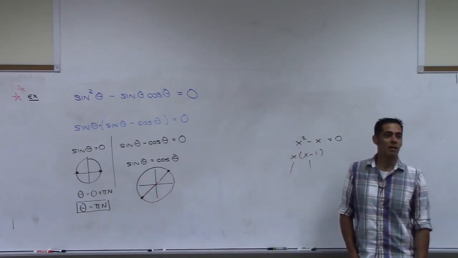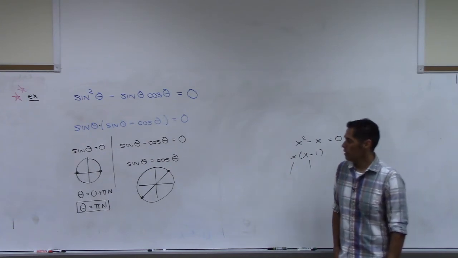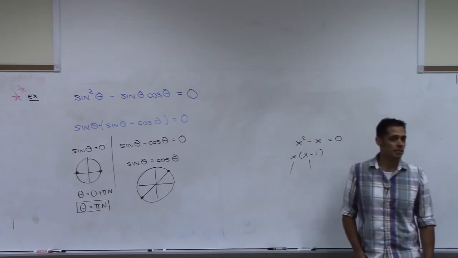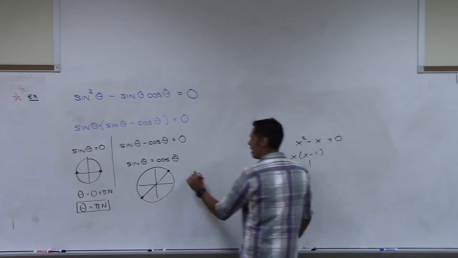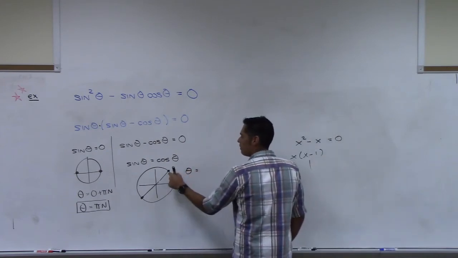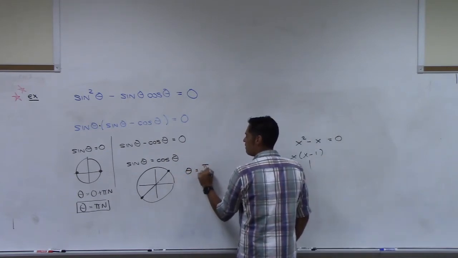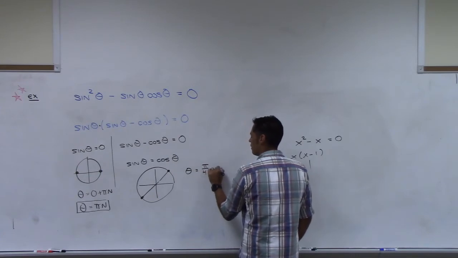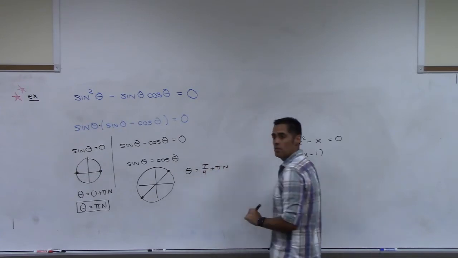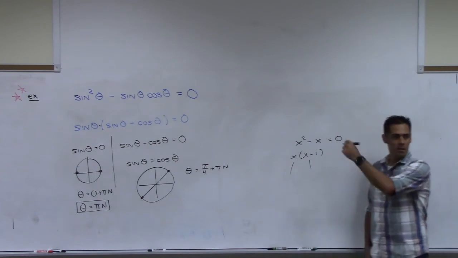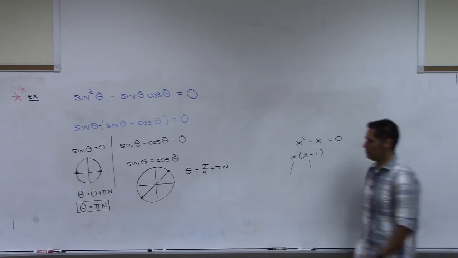That's where your x and y are identical, and they're directly across from one another. So that means theta would have to be, let's start out here, pi over 4 plus pi n will get you across to the other one. That's it.